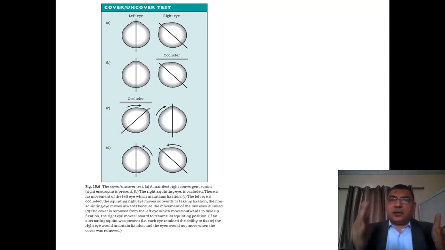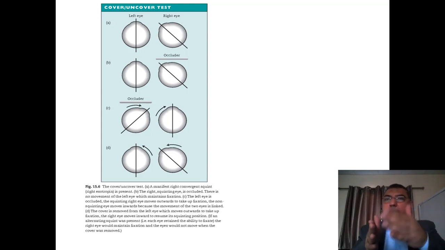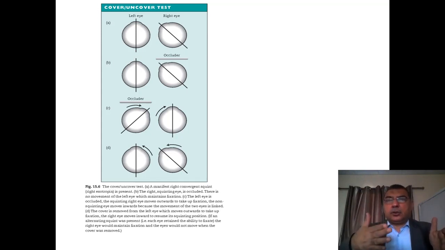If you cover the right eye, for example, the right eye will deviate under the cover because you are interrupting the image of the right eye, you are interrupting the single binocular vision, you are interrupting the sensory control of ocular motility, so the eye will deviate under the cover. If you remove the cover and the eye takes up fixation again, this type of deviation is called latent strabismus or phoria.